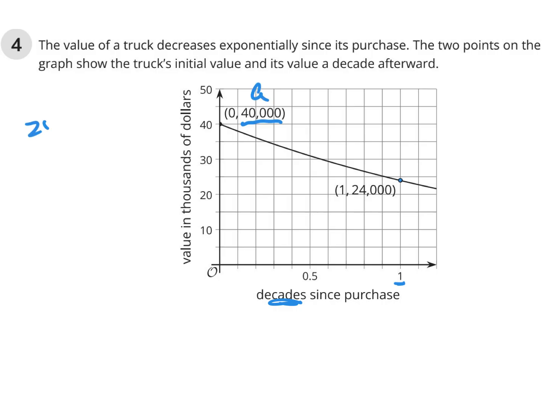We have to do 24,000 divided by 40,000, which equals 0.6. So this is our B. We multiply by 0.6 to get to 24,000. So writing our equation, y equals our original amount, 40,000, times 0.6 to the d, where d stands for decade.